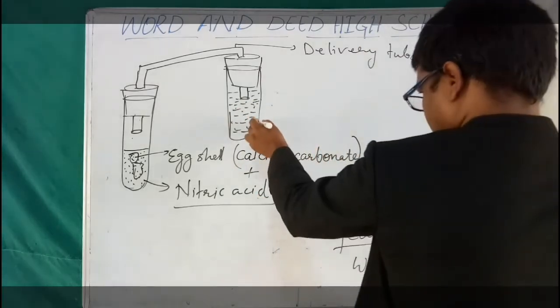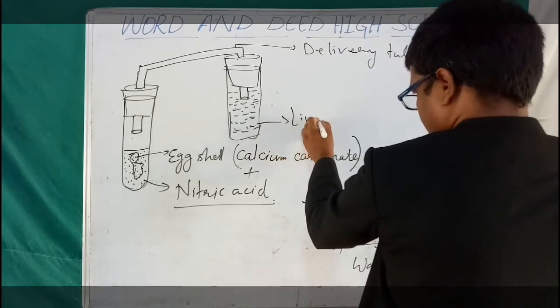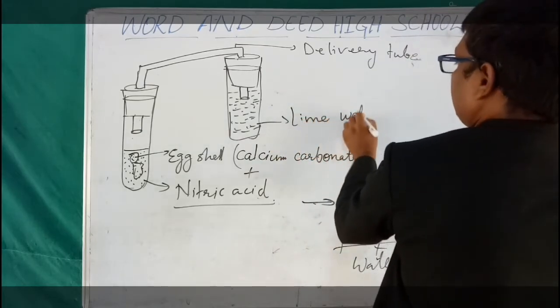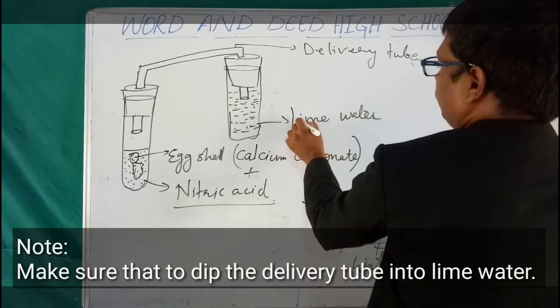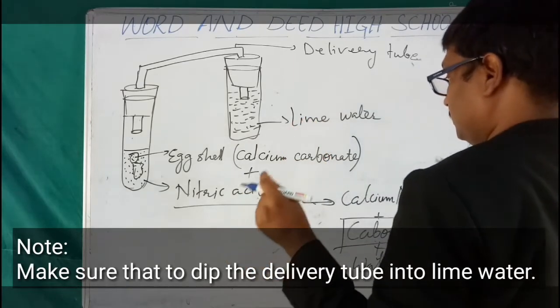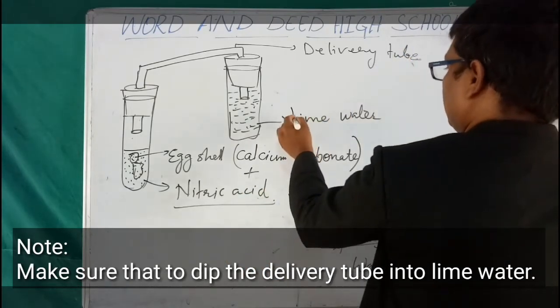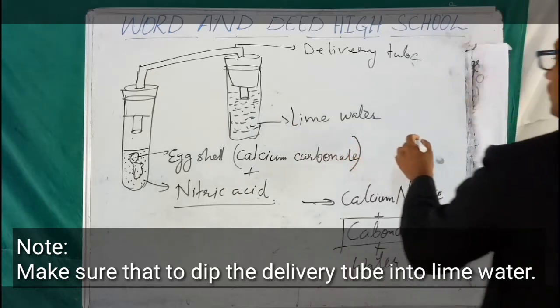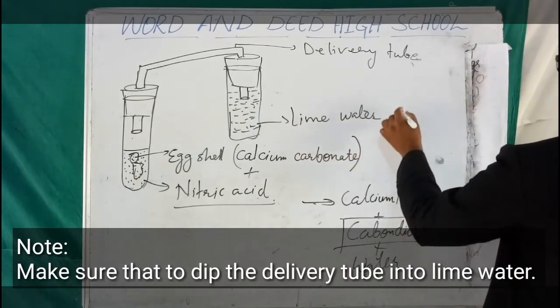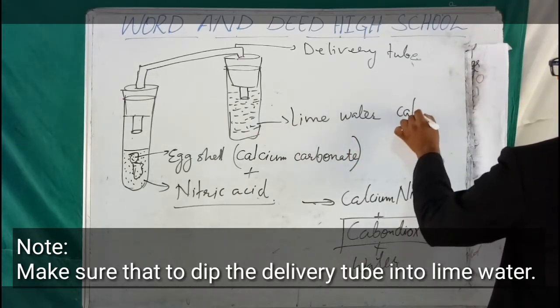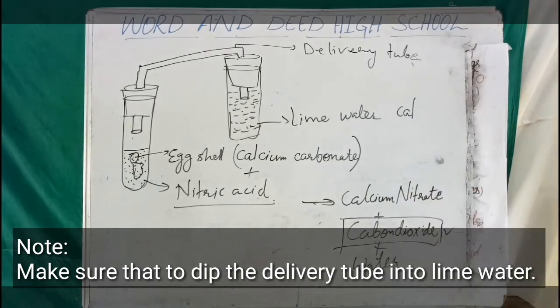What is the chemical name of lime water? Calcium hydroxide.